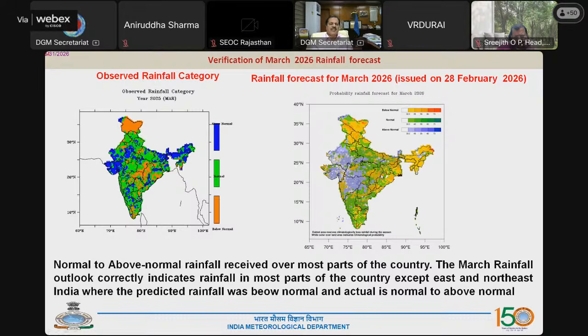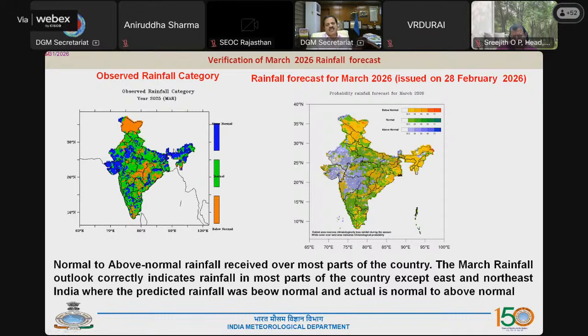So if I compare these two diagrams, I would say that it has picked up very well, except East and Northeast India. If I look at Northeast India, Assam, Meghalaya, Arunachal Pradesh, Nagaland, Manipur, Mizoram, Tripura, and adjoining Eastern India like West Bengal and Sikkim, Bihar, and Jharkhand, here the prediction was below normal rainfall activity, but actually it has become normal to above normal rainfall activity.